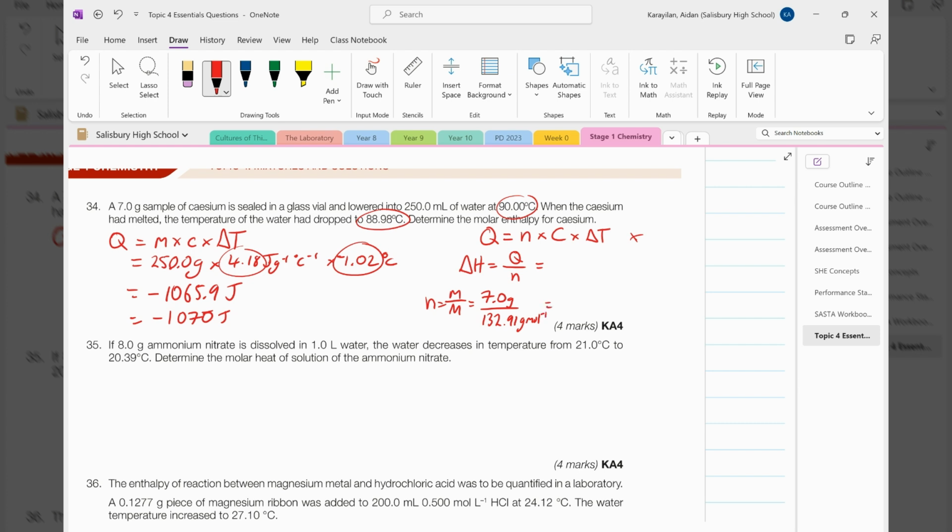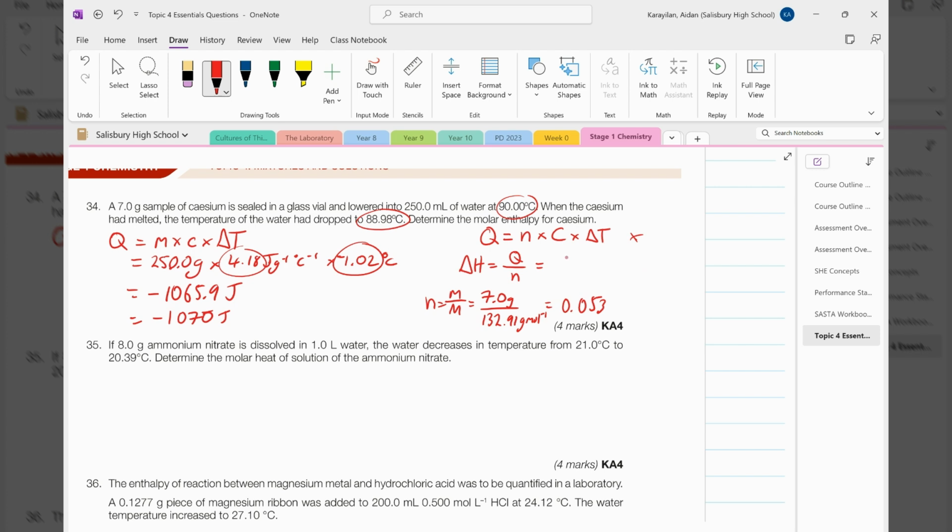So that's 7 divided by 132.91, which is 0.0527. But we have two significant figures, so 0.053.